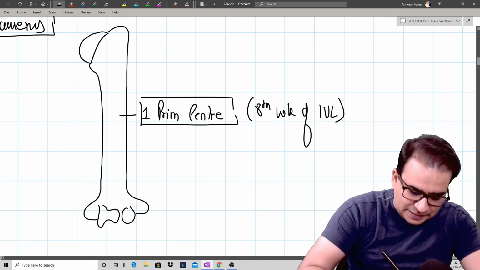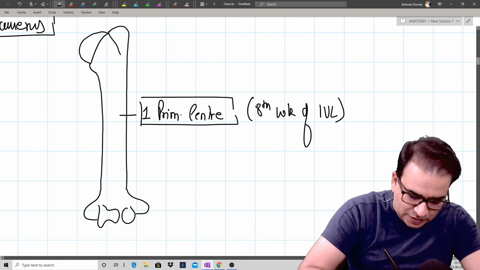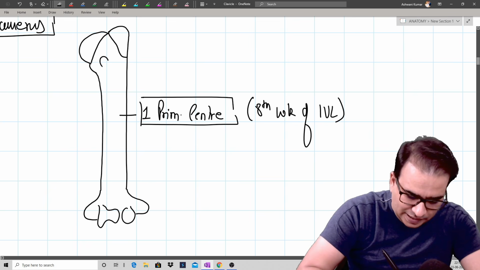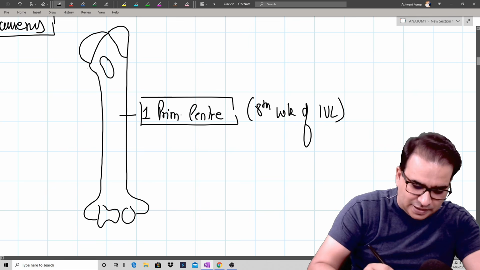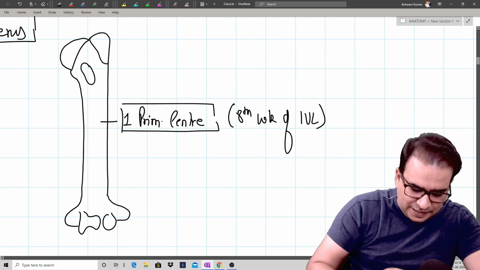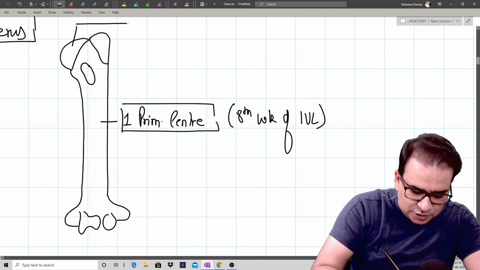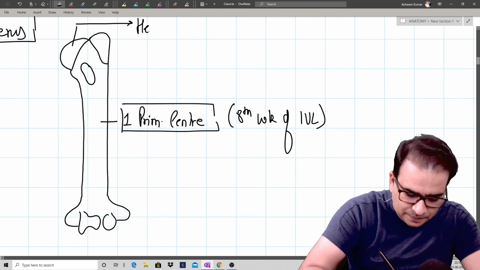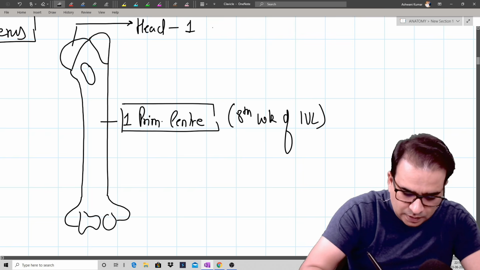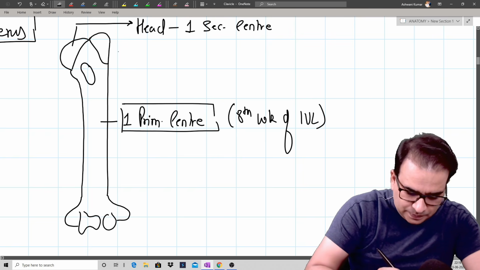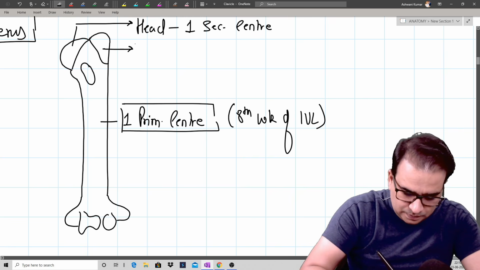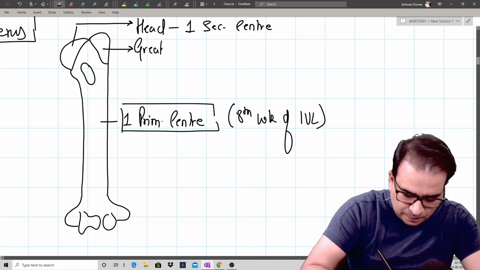Now upper end, what are the centers here? This here is the greater tubercle, and the one placed more anteriorly is the lesser tubercle, and here's the head. Let me write that. For the secondary centers of ossification, we have one for the head, one for the greater tubercle.